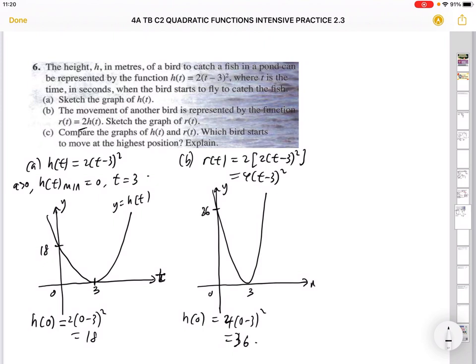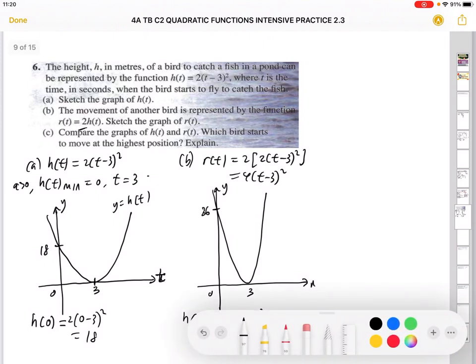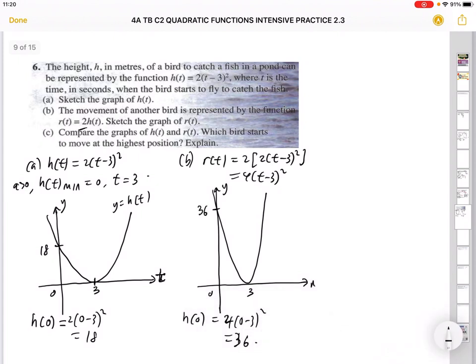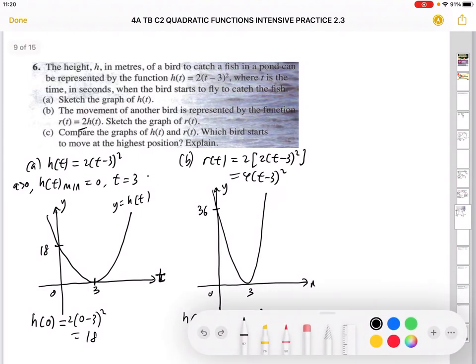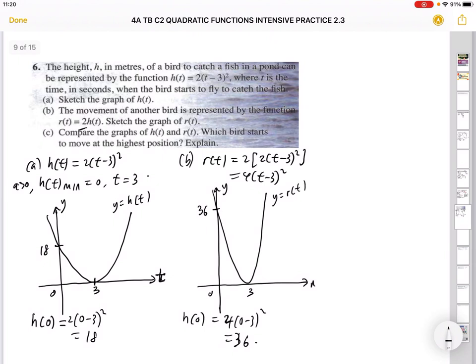Let me fix this. Okay, the next thing is compare the graph. This is y equals r(t). Which bird starts to move at a higher position? Explain. By the way, I keep writing this as x. This is t. Yeah?